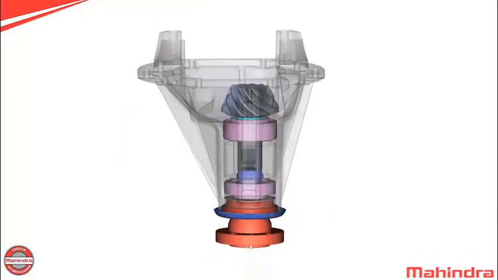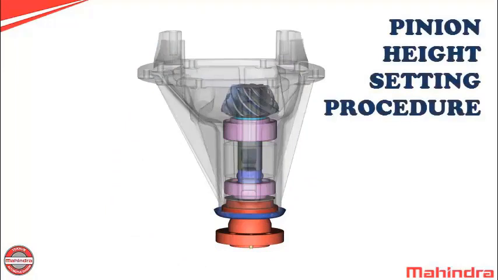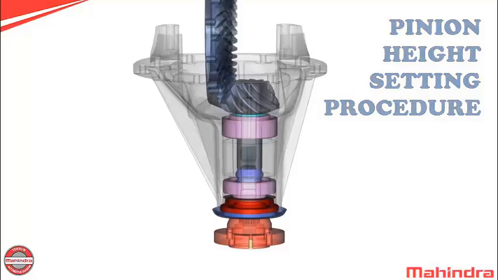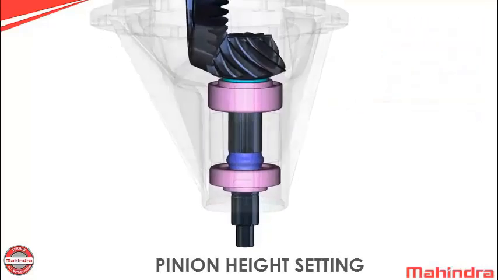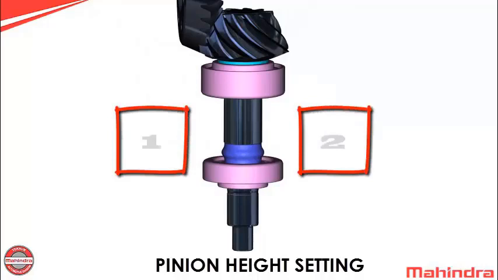Now let us see the pinion height setting procedure for banjo type differential axle. For pinion height setting, there are two situations, and for both the situations, we have to follow different procedures.